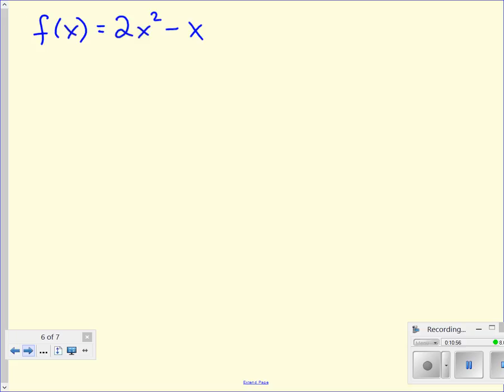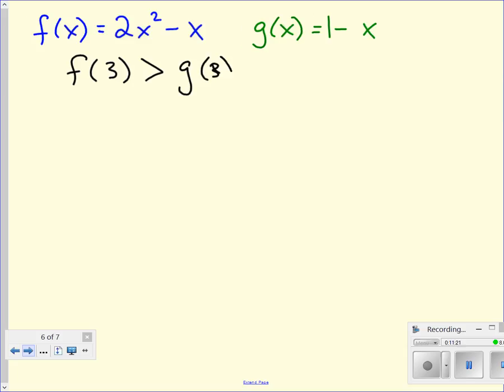And I'm going to have g of x, and that's going to be equal to 1 minus x, some simple linear equation. And I want to know if this statement is true: f at 3 is greater than g at 3.